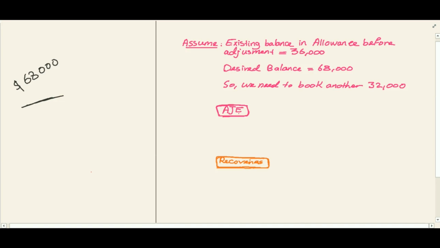So we have to bring the allowance balance to 68,000 instead of 36,000. So we have to book another $32,000. Let's see how that may be done.